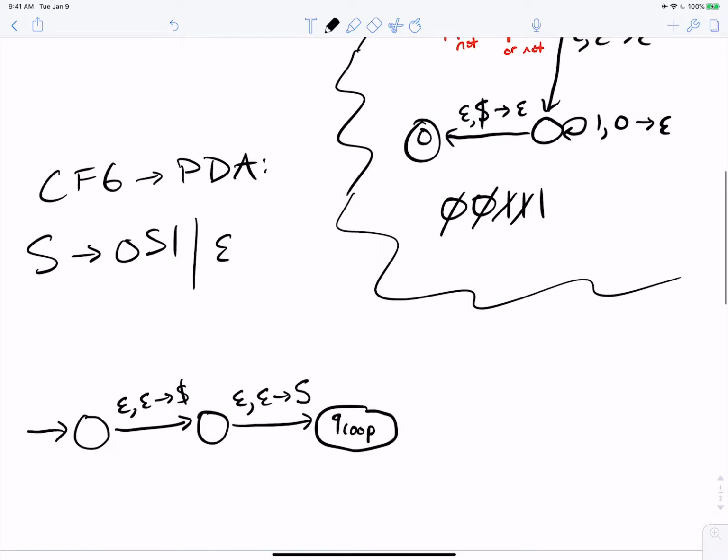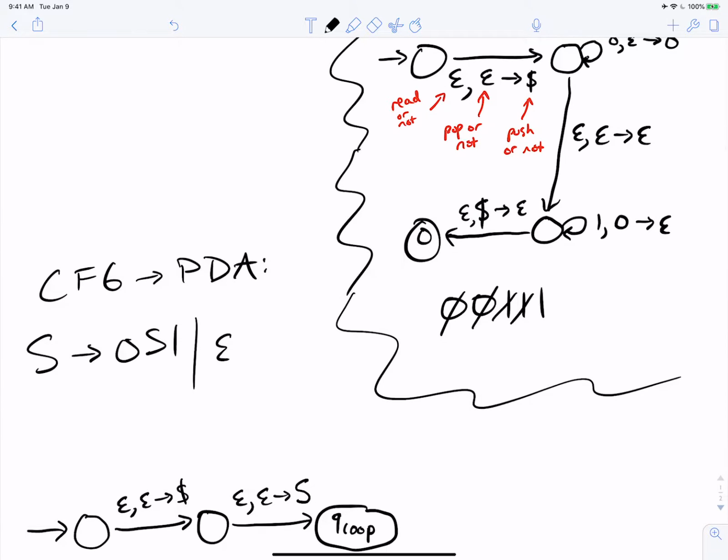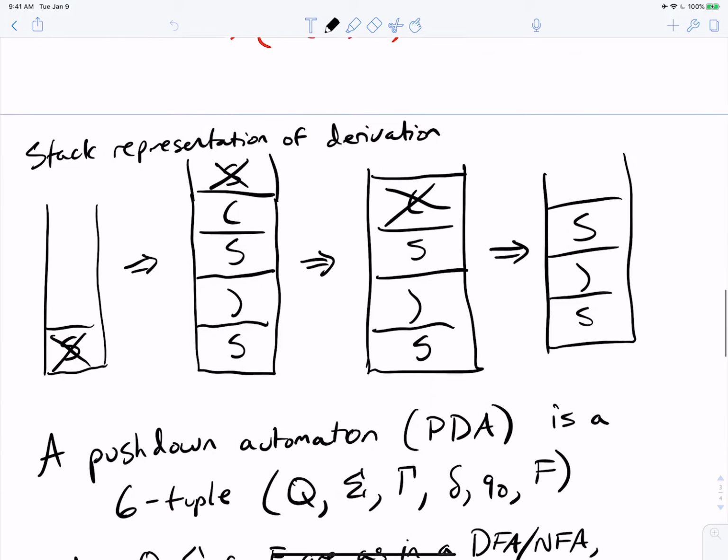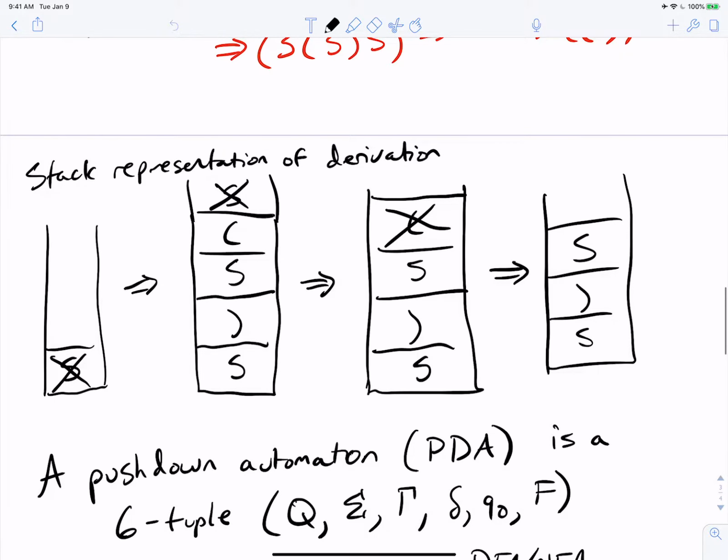So let's actually go back and think about this. If we go back to this grammar right here, if I produce a terminal, say the left parenthesis, is it going to ever change? No, because in the derivation, you can never replace a terminal that you make.